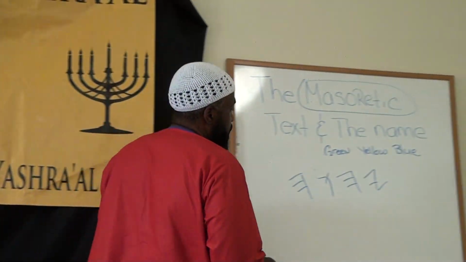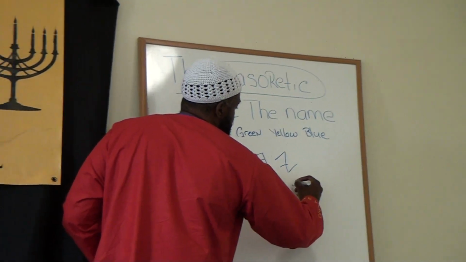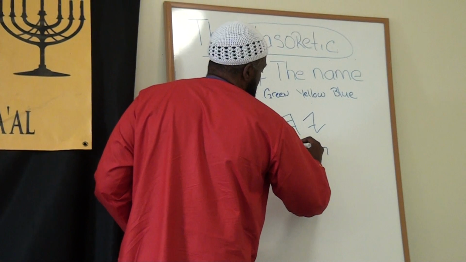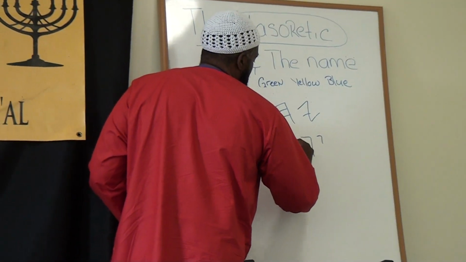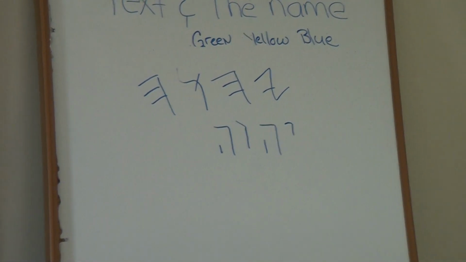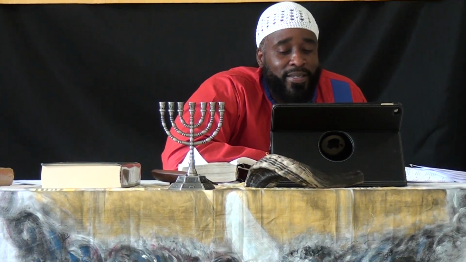Now watch this. In the Strong's Concordance, it states that Yahuah, and I'm going to write it the other way, we have Yod. Watch how this goes. I found this interesting. In the Strong's Concordance, this is the Masoretic text, it states that Yahuah is Strong's number 3068.